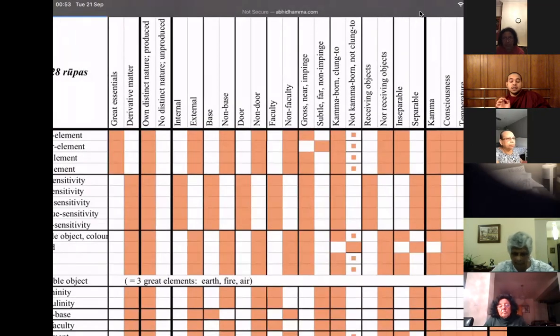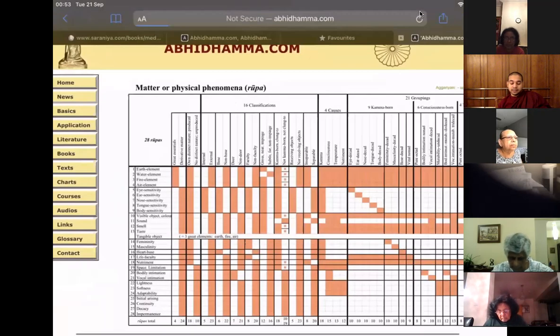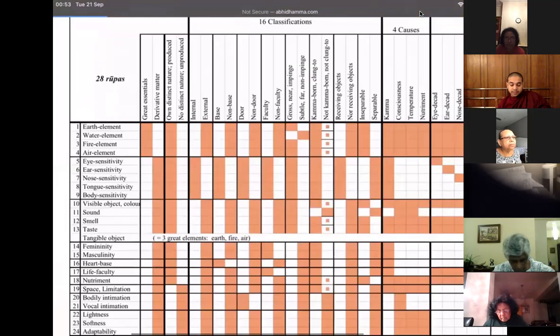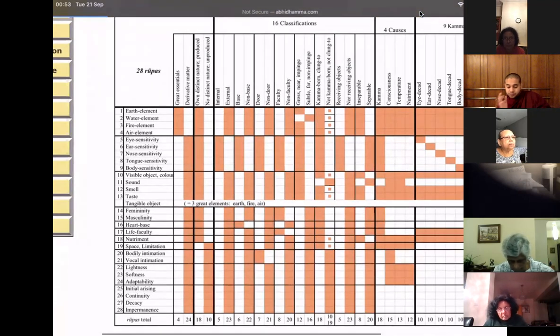Receiving objects, not receiving objects. Now, what is that about? It is the rupas that perform a function of receiving objects and those that do not perform a receiving function.